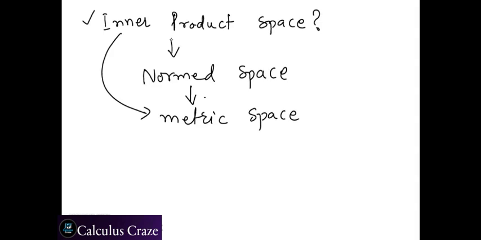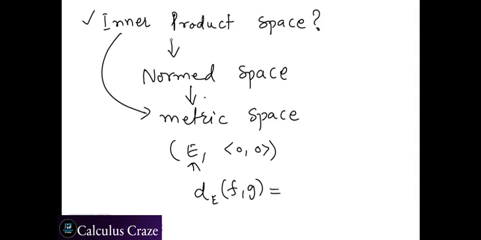Now the question will be, if I have got this E and this inner product, how should I define the metric on this E? The answer is very simple. You just define the distance between f and g, or the metric, as first you can write it in the form of norm, and then from there you can say that it is the square root of the inner product of f minus g with f minus g.